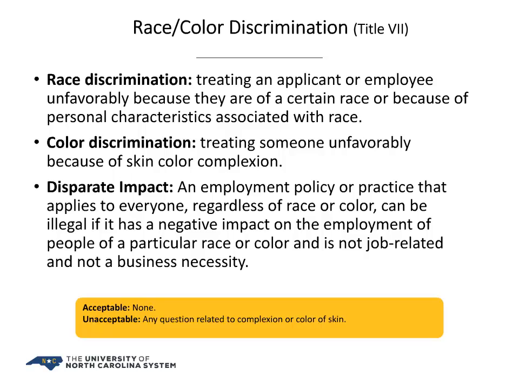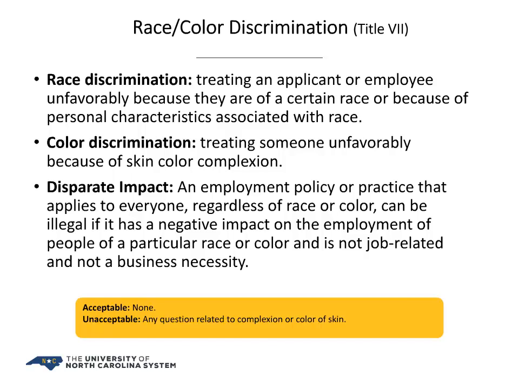Race color discrimination also can involve treating someone unfavorably because the person is married to or associated with a person of a certain race or color. Discrimination can occur when a victim and the person who inflicted the discrimination are the same race or color.